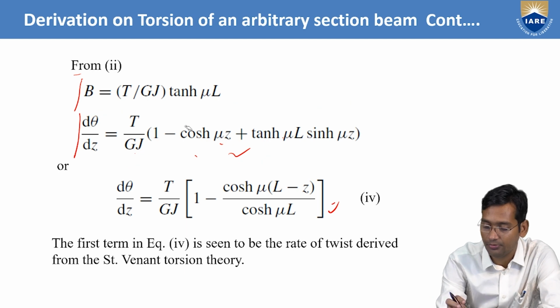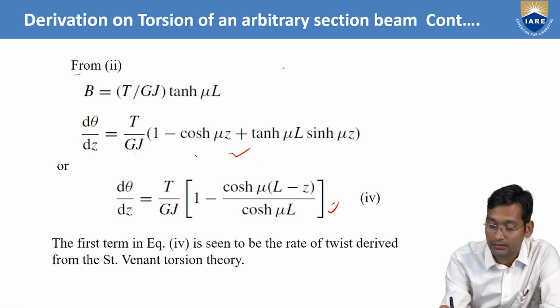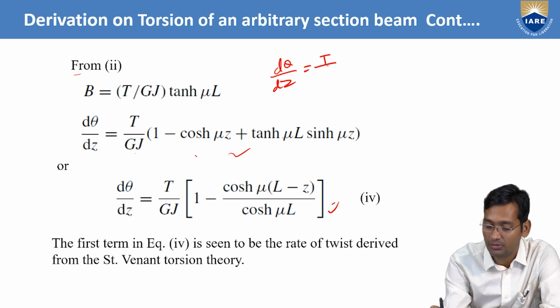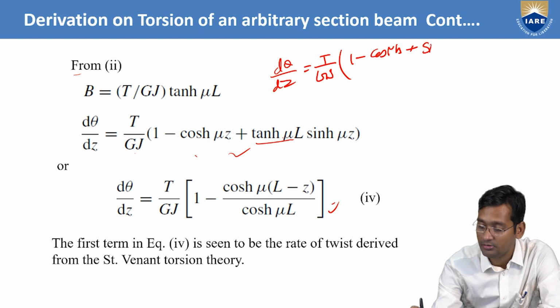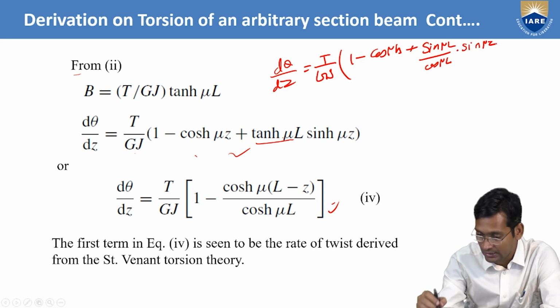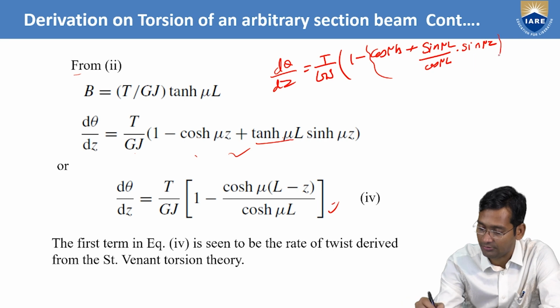So what we have, dθ/dz equals T by GJ into (1 minus cosh μL), plus, I'm writing for this tanh μL as sinh μL by cosh μL into sinh μz. Now, just this part I'm simplifying.